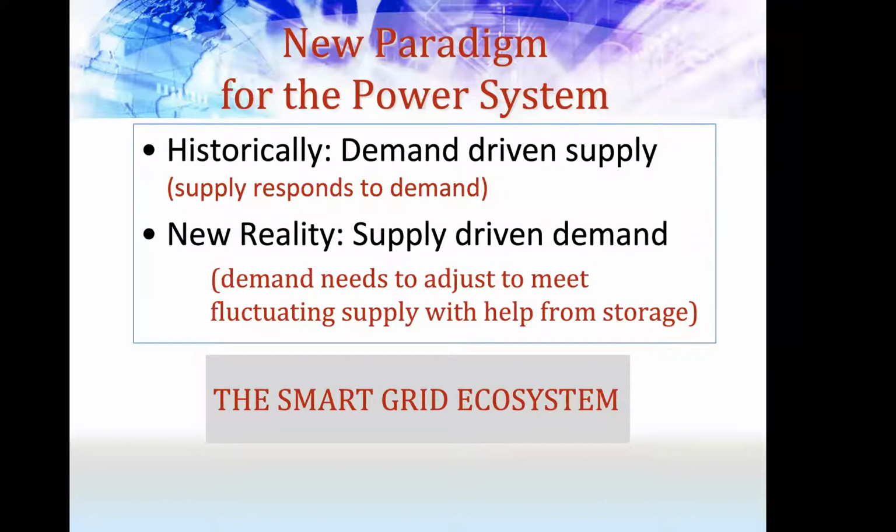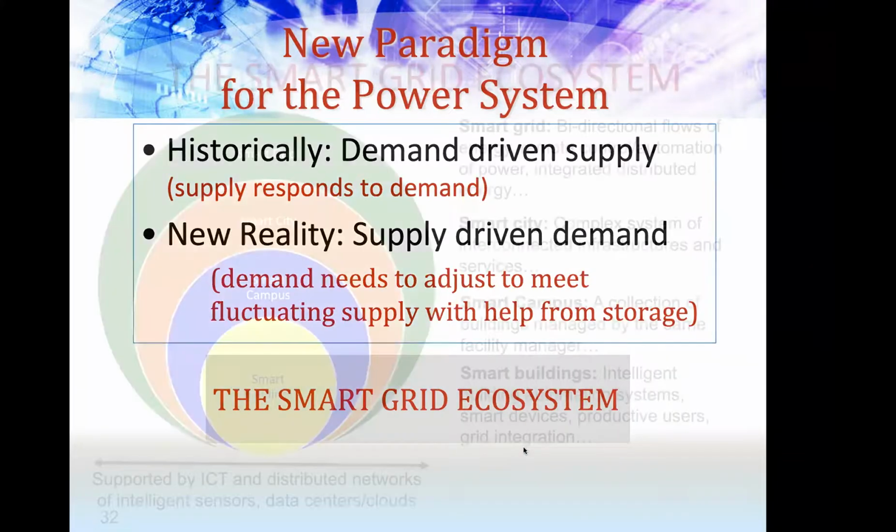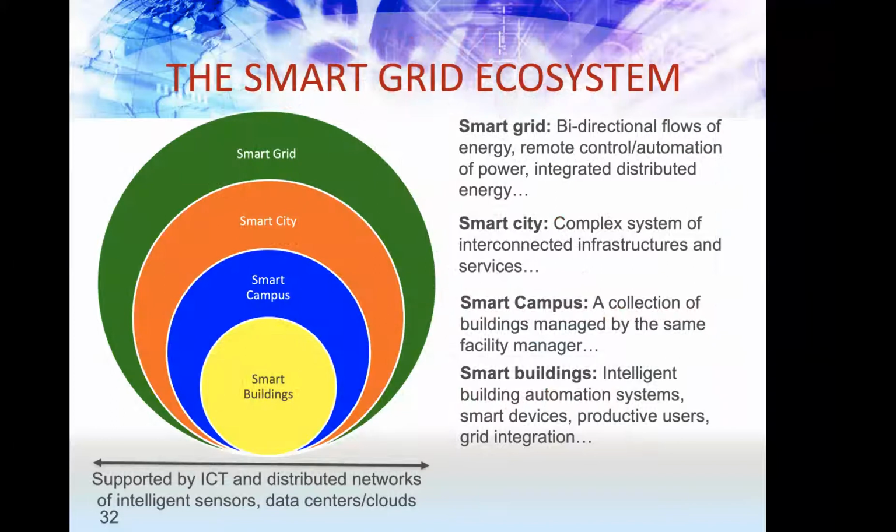So look at this picture here, next slide. This is, to me, a smart grid ecosystem. Smart grid to me starts at a smart building, because that is the end point of the power supply. It could be an office building, a factory, a home, a shopping center, whatever it is. This has to have an intelligent building automation system.